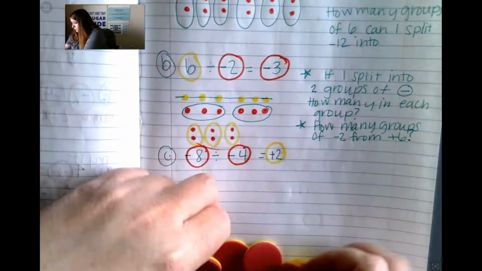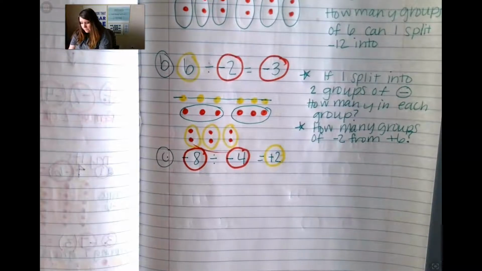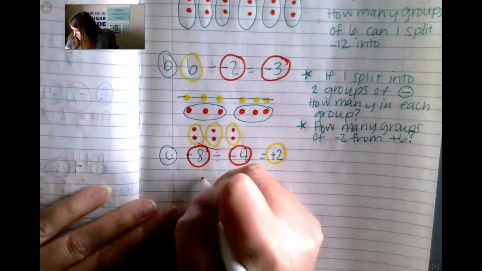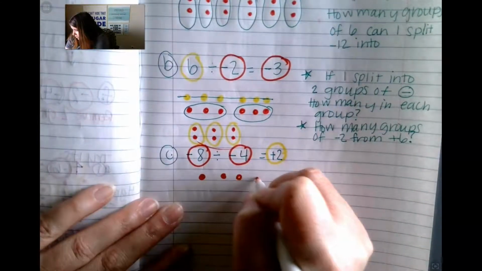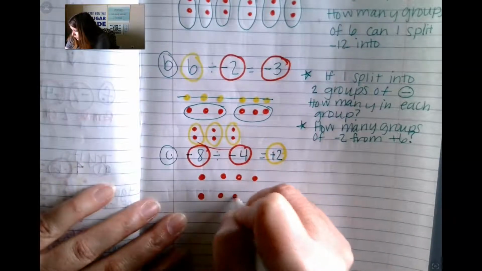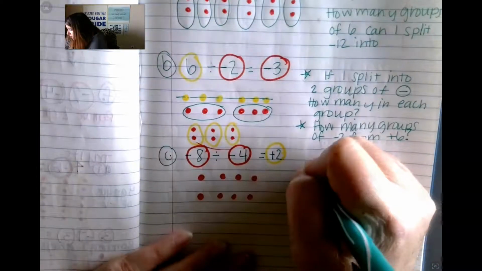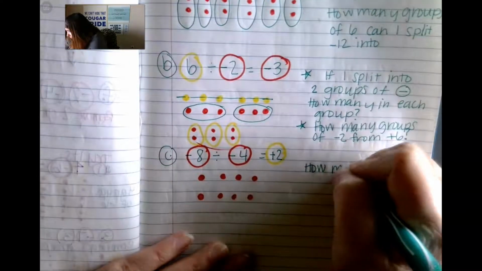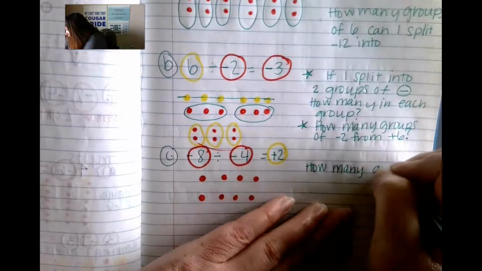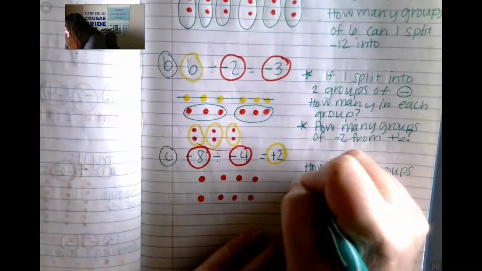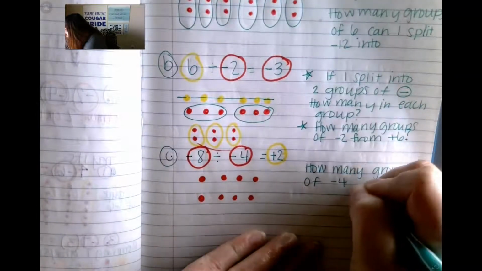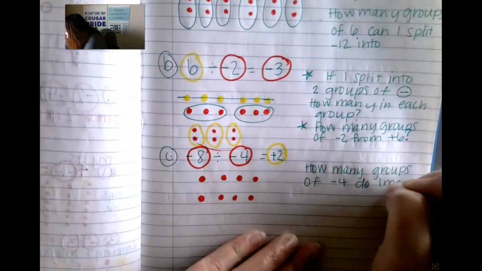Okay, so again, let's go ahead and color this out. So I had -8 chips, and the question I'm asking myself is, how many groups of -4 am I making? How many groups of -4 do I make?